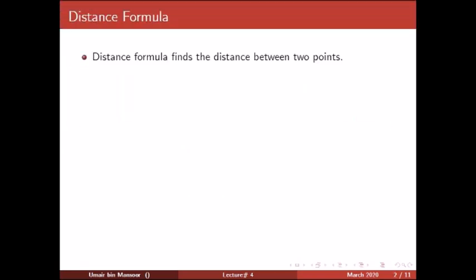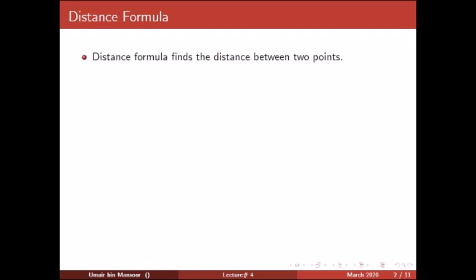definition of the distance formula, which you already know, but let's start from the very basic. So let's build up the lecture with the basic topic of distance formula.